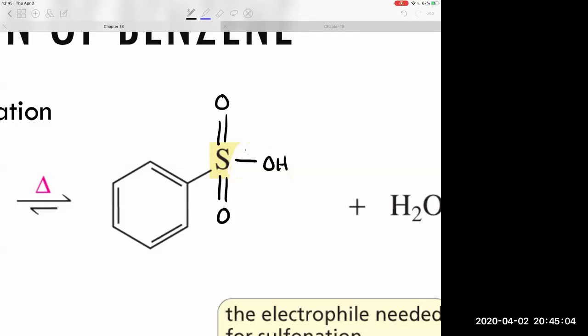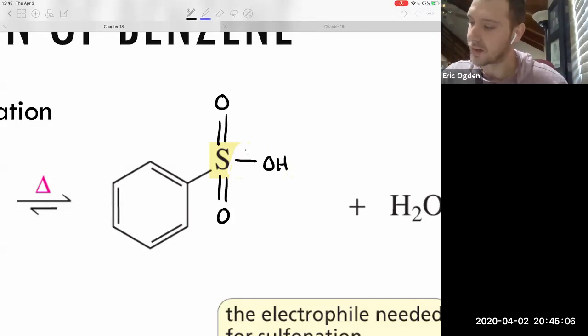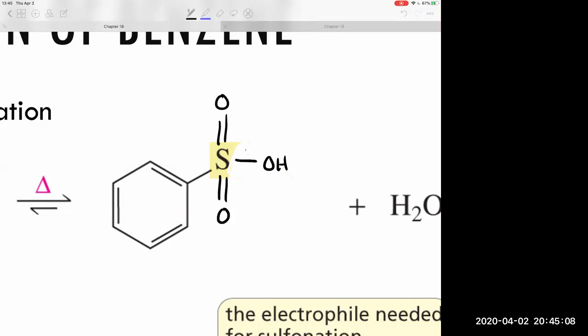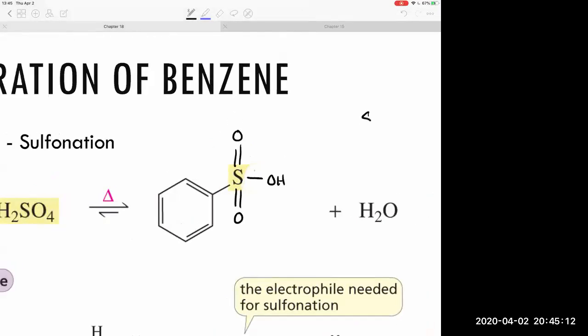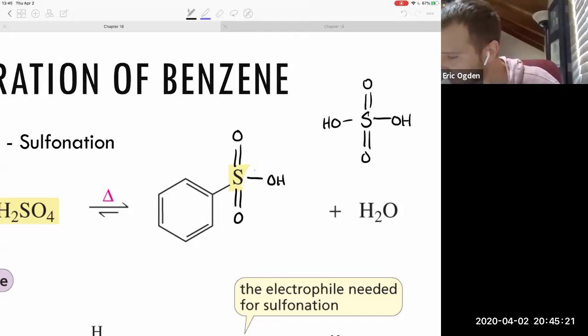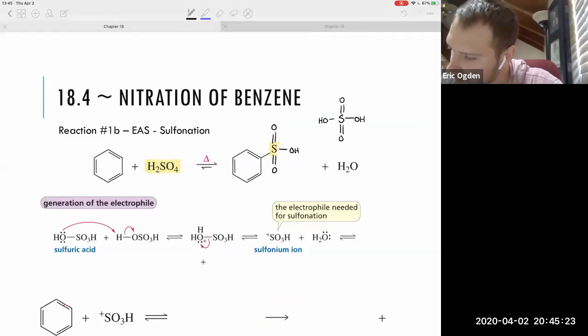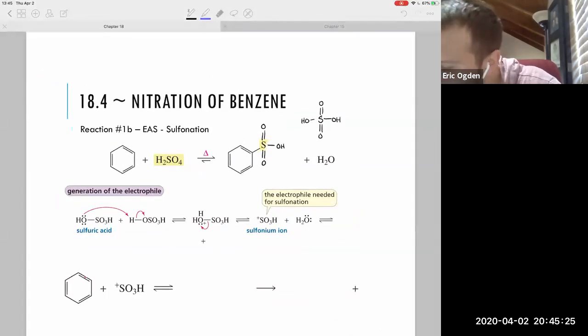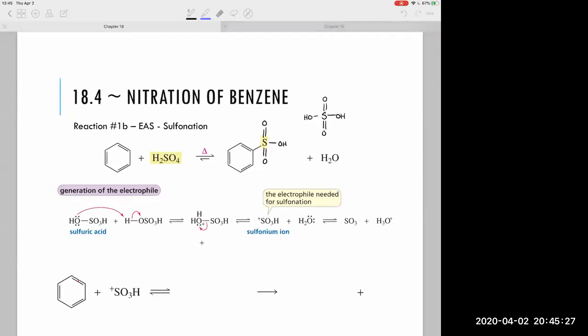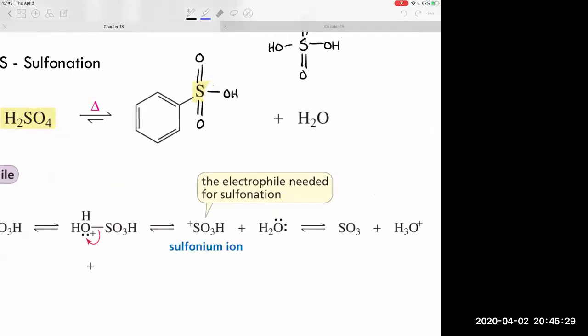Oh, so the hydrogen's bonded to the oxygen, not directly to the sulfur. Correct, absolutely. Remember, we're starting with sulfuric acid, which is this guy here. And this is actually in equilibrium with SO3 and acid.